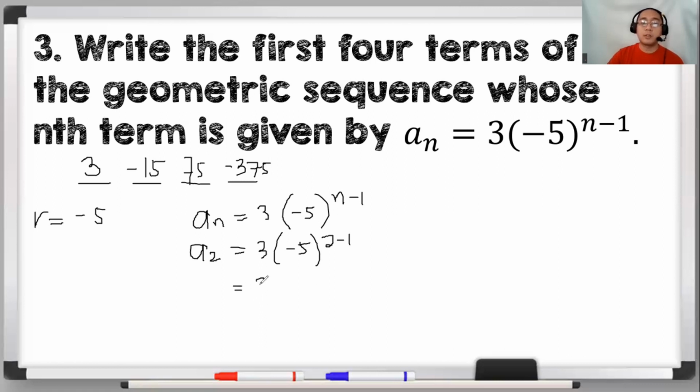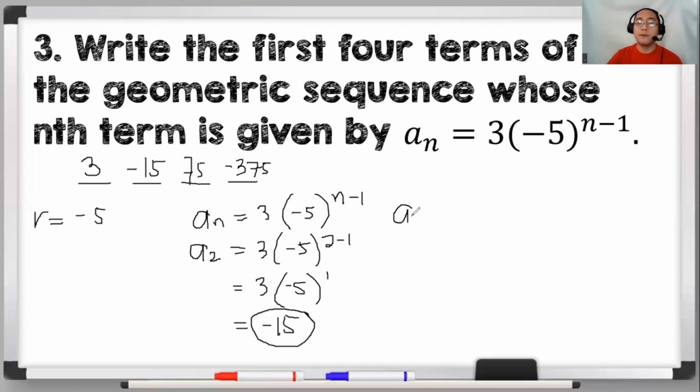And this results to 3 times negative 5 raised to the power of 1. Then the exponent of 1 results to a constant base number, which is negative 5. So 3 times negative 5 results to negative 15. So we are still the same with our solution earlier, in which we only multiplied the common ratio to the first term.